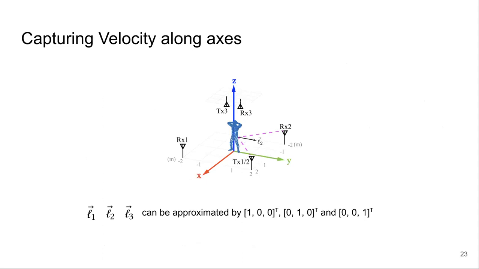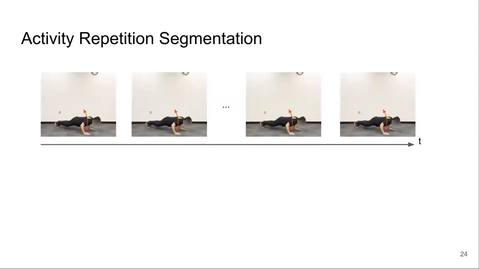In order to do Wi-Fi based gym activity classification, they further divide each activity into segments of repetition, where a repetition is defined as one complete movement cycle, an atomic unit of a gym activity, such as a cycle of one push down and up as one repetition of push-up activity.